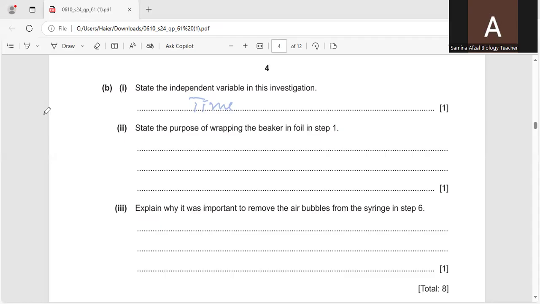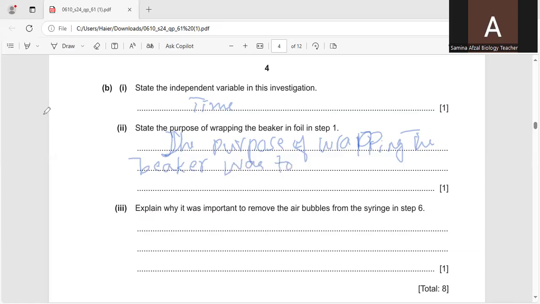So we will write: the purpose of wrapping the beaker was to reduce the heat loss, because the reaction will not give the correct results.